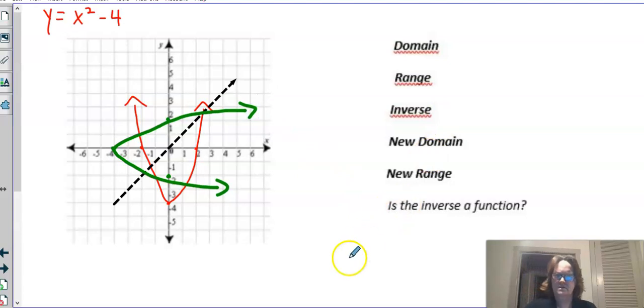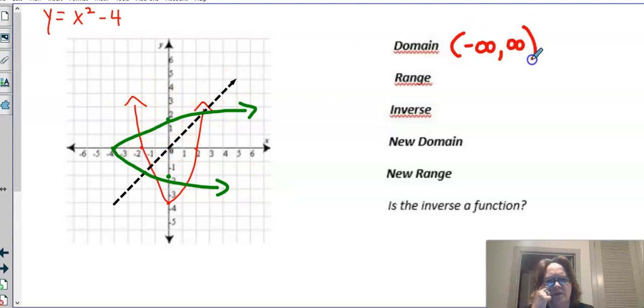And the red graph, the domain, all the x values, is negative infinity to positive infinity. The range starts at -4, and it's included, -4 to positive infinity.